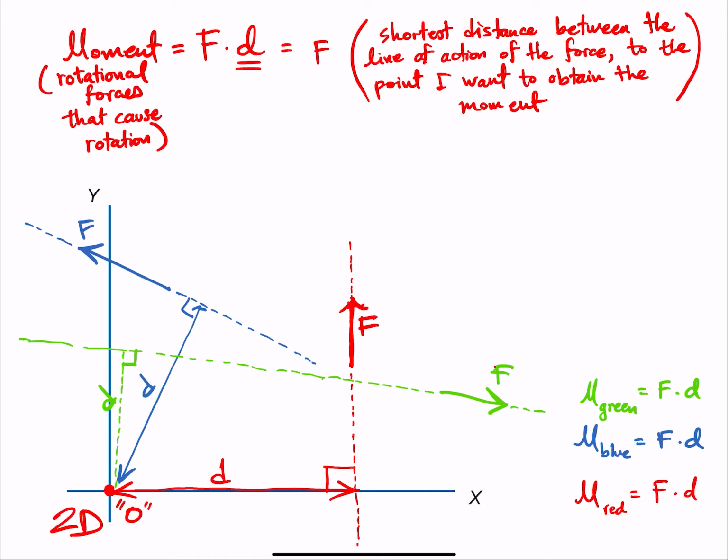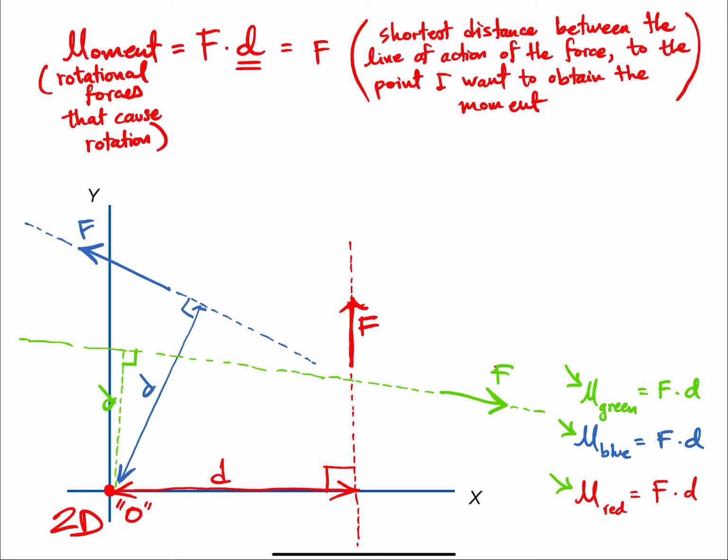So we have been calculating moments. Take a look. We have obtained moments, and then we learned that these distances refer to the line of action of the force, and D ends up being perpendicular to the line of action.